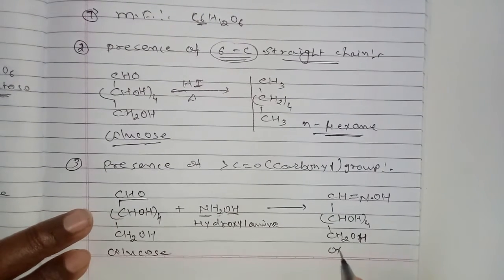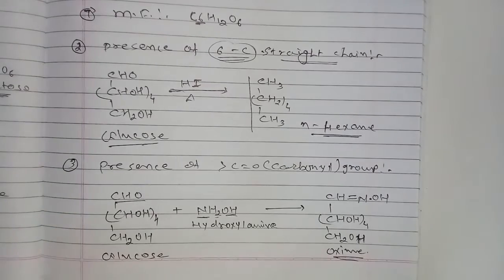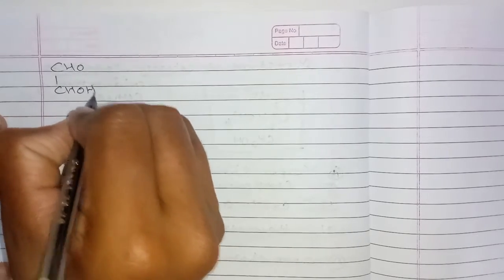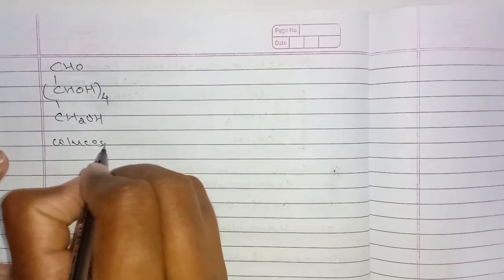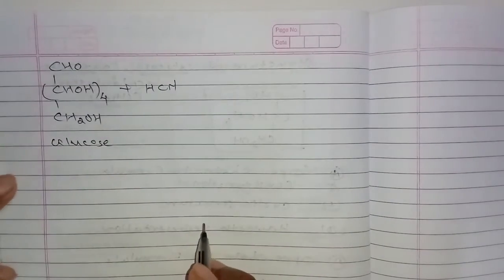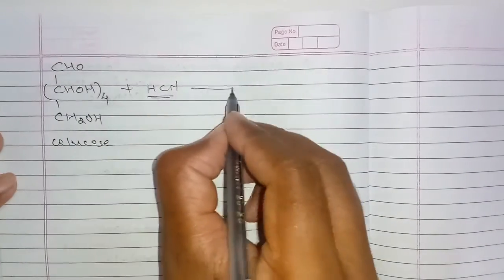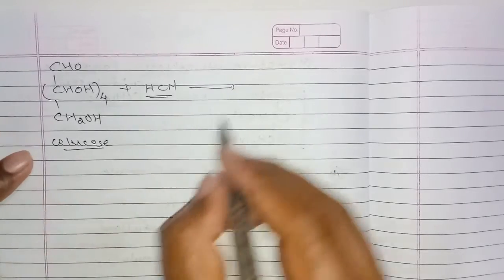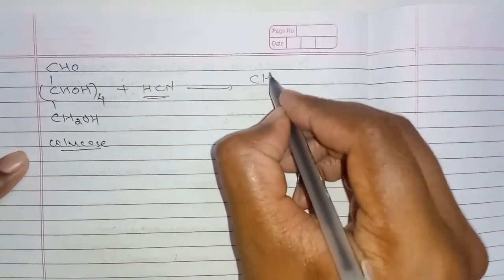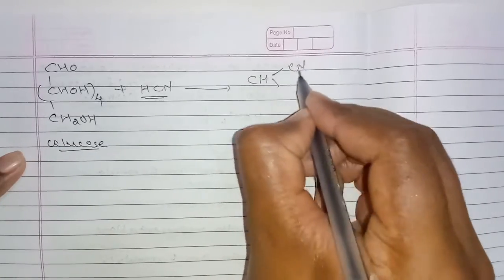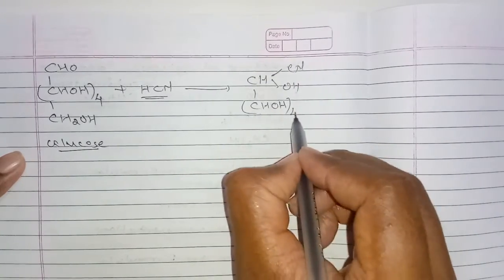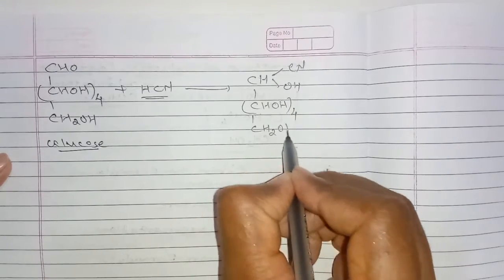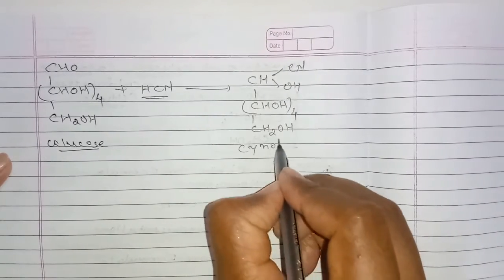Hydrogen cyanide is also added to glucose, giving glucose cyanohydrin.